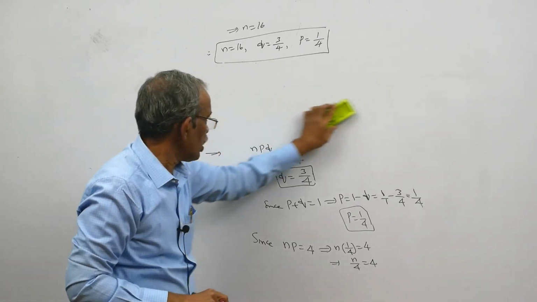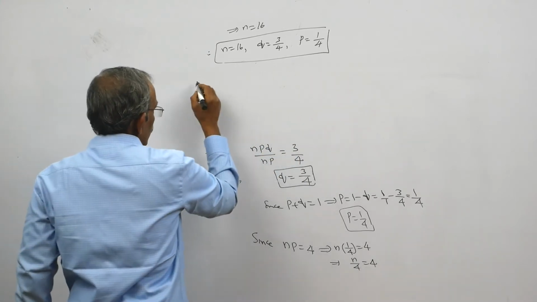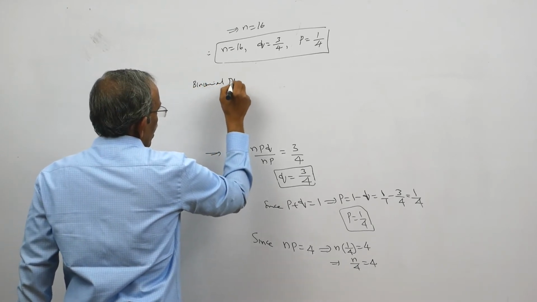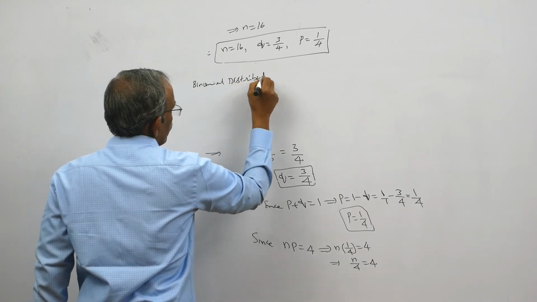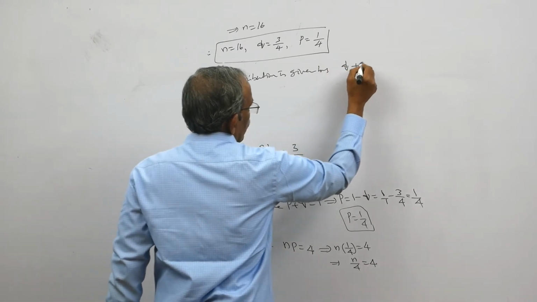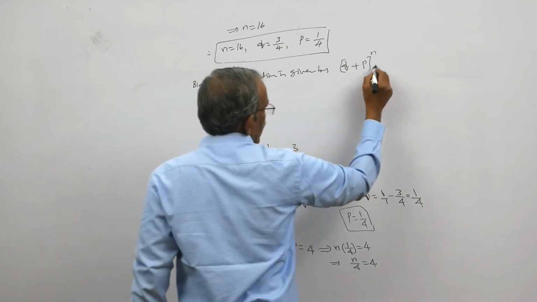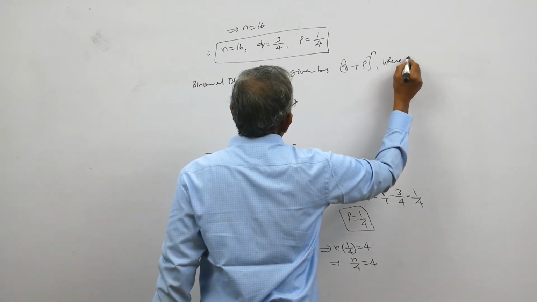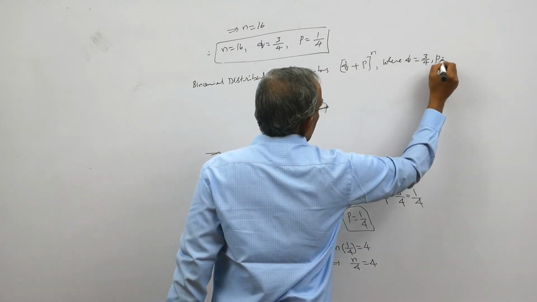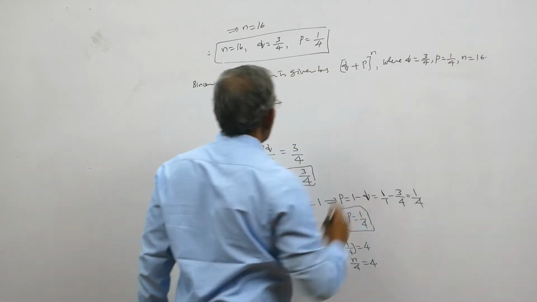Here what was asked: fix the distribution. The binomial distribution is given by (q plus p) whole to the power of n, where q is equal to 3 by 4, p is equal to 1 by 4, n equal to 16.